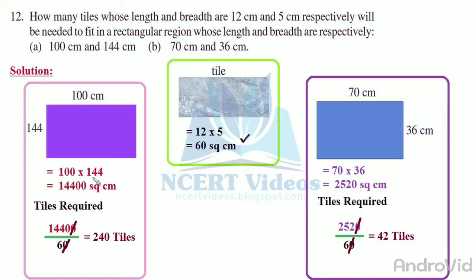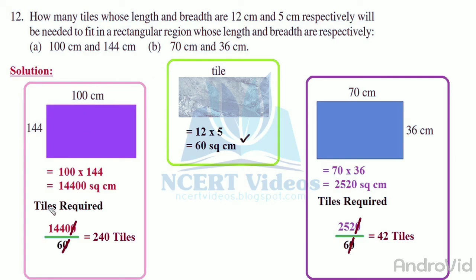Just write 144 first and attach zeros to it. So it gives you this much square centimeter. Now for this 70 into 36, just multiply 7 sixes are 42 and 4 is carried. 7 threes are 21 plus 4, 25. So it is 2520 square centimeter.